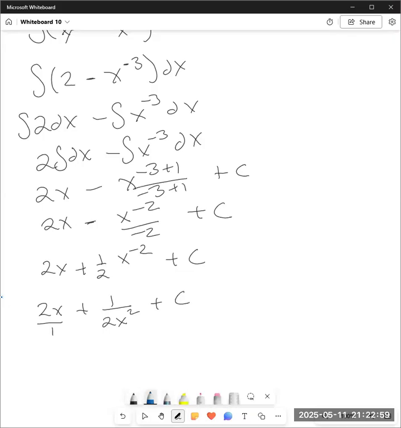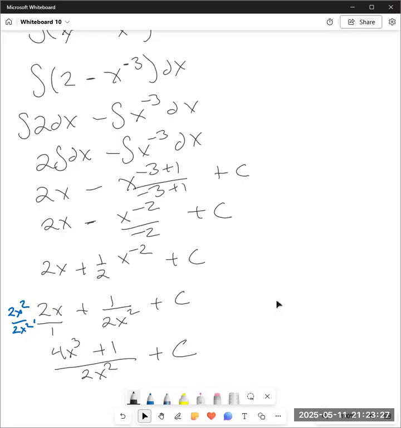So I'm going to multiply by 2x squared over 2x squared. And that gives me 4x to the 3rd plus 1 over 2x squared plus c for my final answer for number 33.